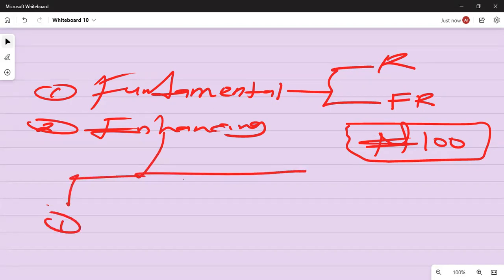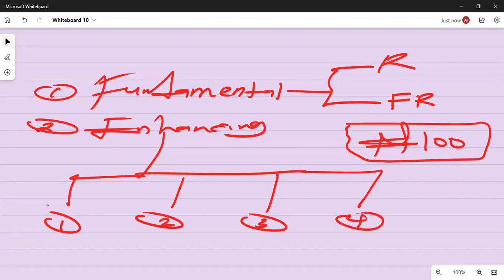I can have understandability, comparability, verifiability, and timeliness. These are the characteristics under enhancing.